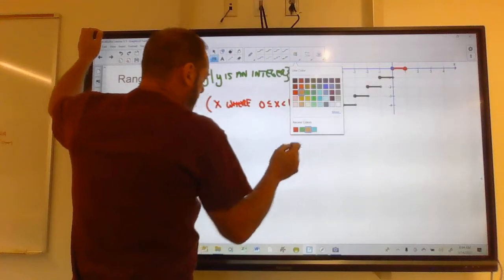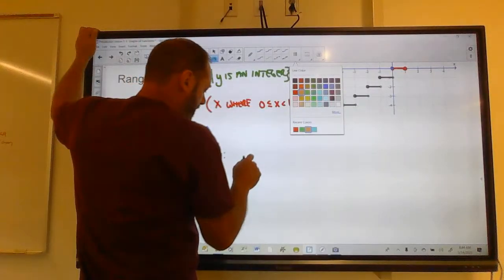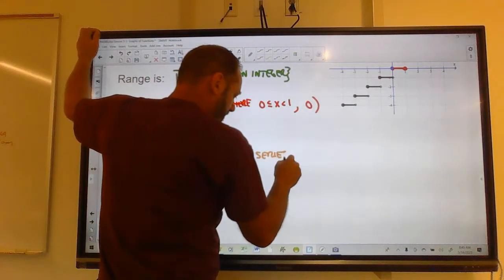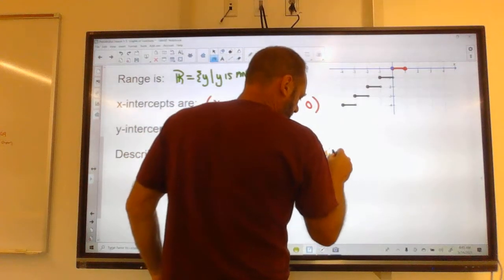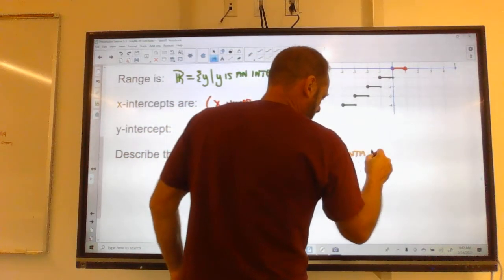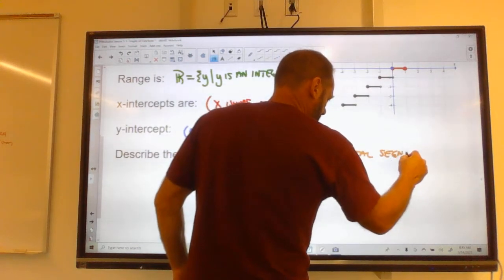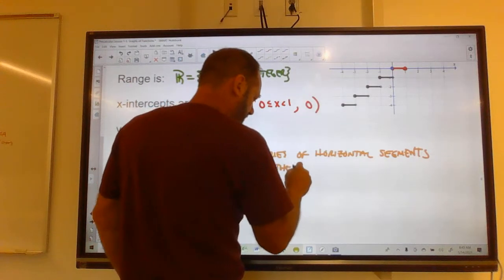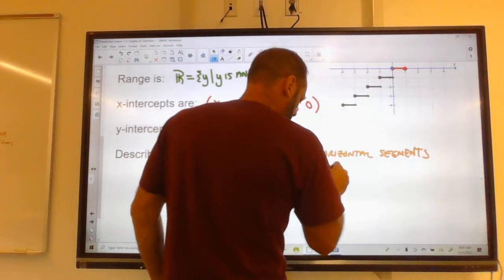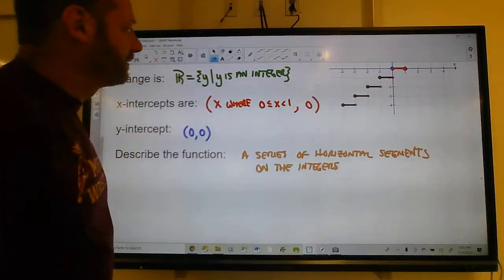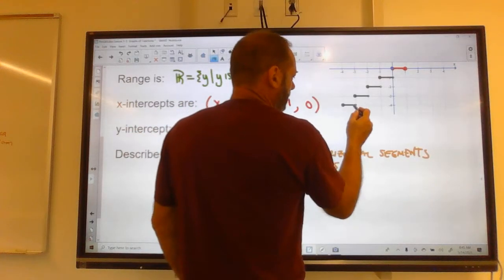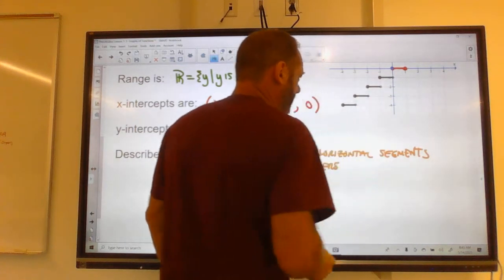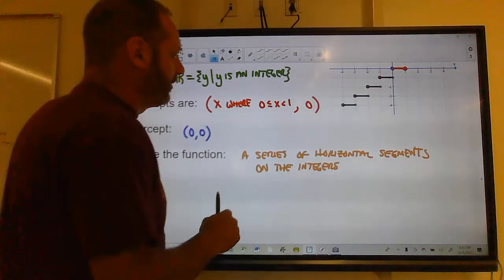Okay, so to describe the function: a series of horizontal segments on the integers. So I'm on -4, and then it jumps up to -3, and then it jumps up to -2, and so on and so forth. And these are all horizontal segments.